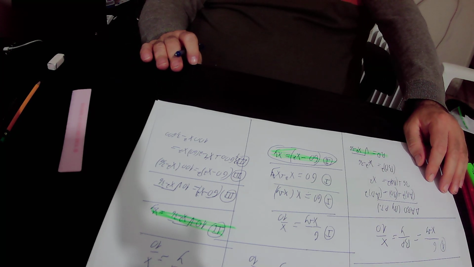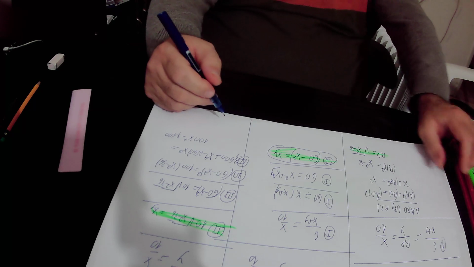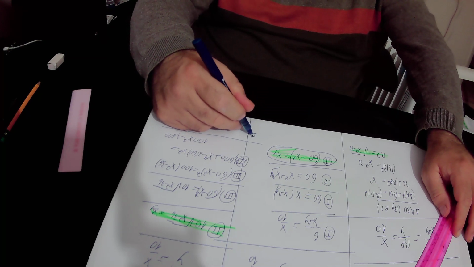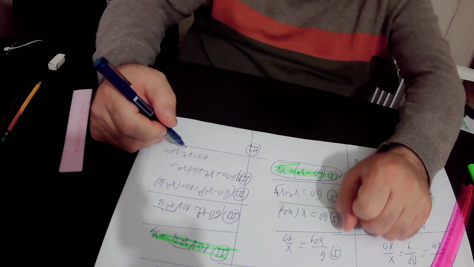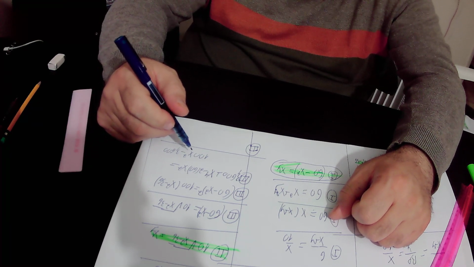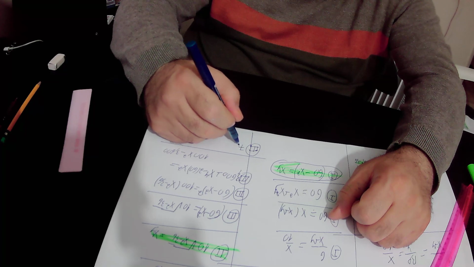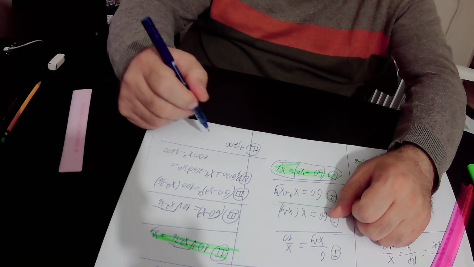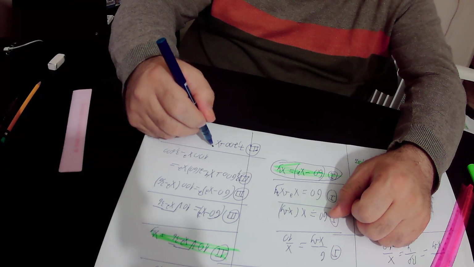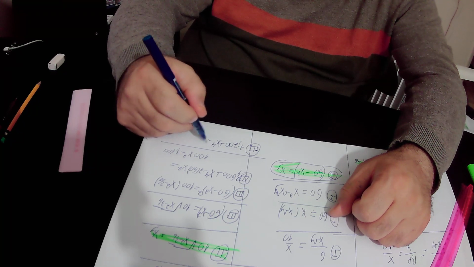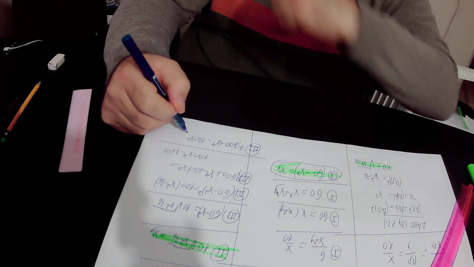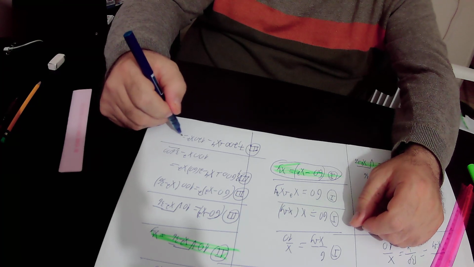Here we will add 3,600 to this equation and we will get that according to equation number 3, 3,600 plus 3,600 is 7,200 plus x to the power of 4 minus 120 x squared equals 100 x squared.